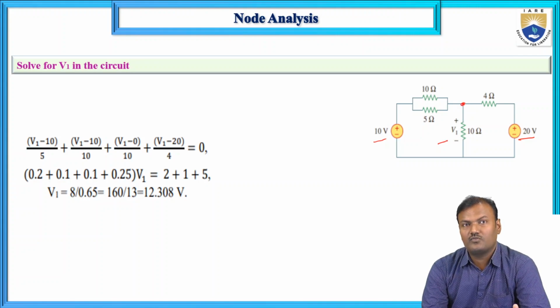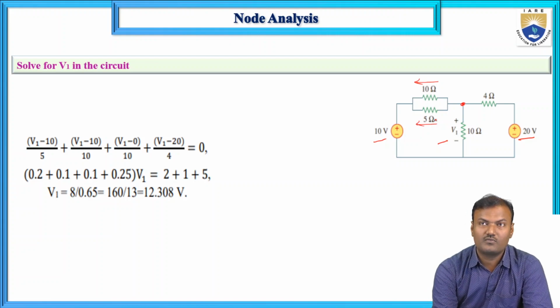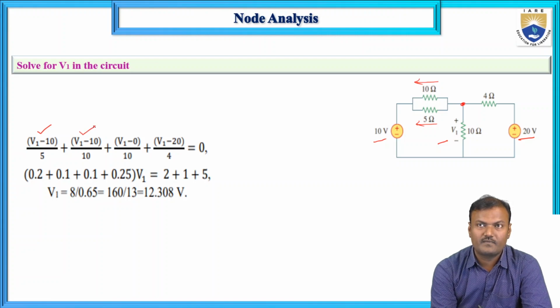Assume the node is here, V1 minus 10, that is the voltage across the source, and current is flowing in two paths. One is through 10 ohms and second one is through 5 ohms. So we can write the two separate terms, V1 minus 10 divided by 5 and V1 minus 10 divided by 10, as we have two currents.